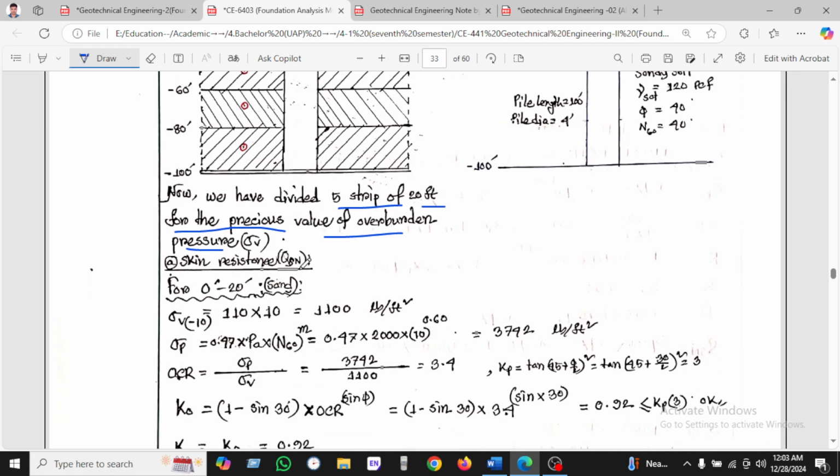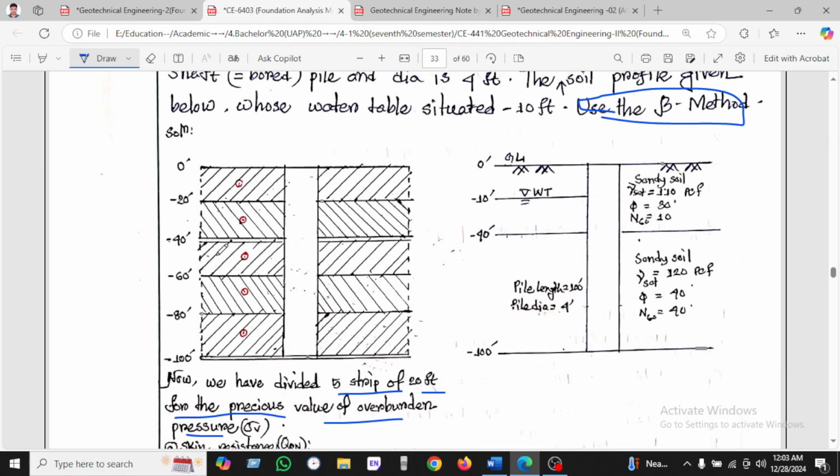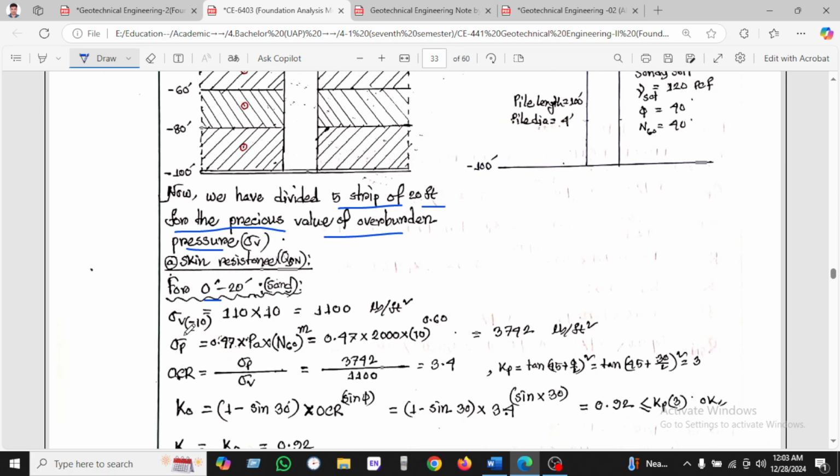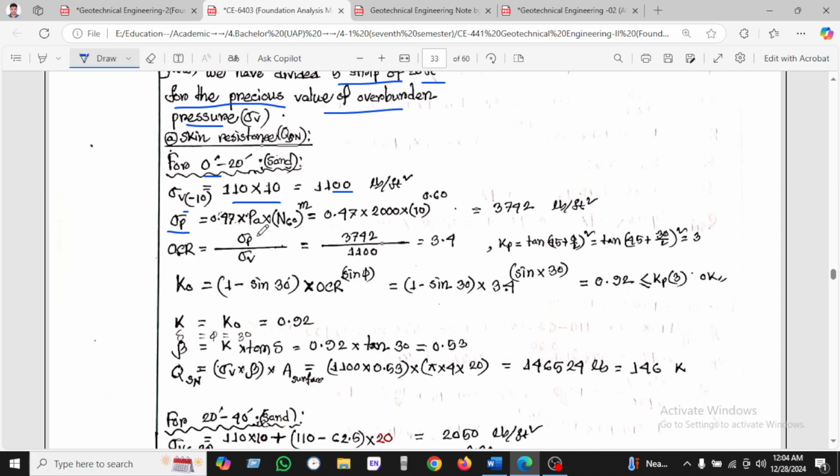Okay, the skin resistance from 0 to 20. Here we found gamma vertical 10 into 10, and sigma p is 0.7 into 40 or p into N60, and found 3742, and the overconsolidation ratio 3.2, and Kp is the coefficient of passive pressure, and found 3, and K naught which is found 0.92. 0.92 is less than Kp, so this is okay.